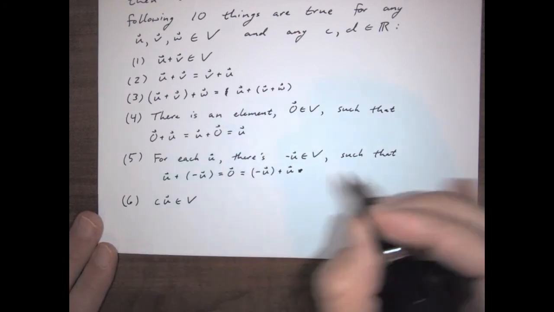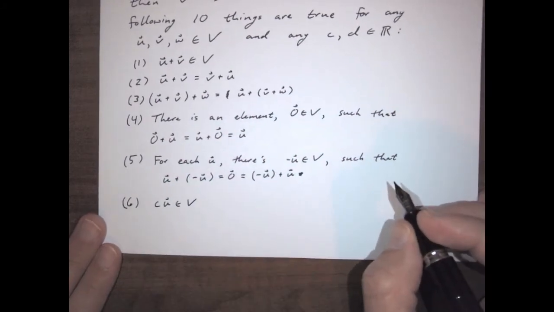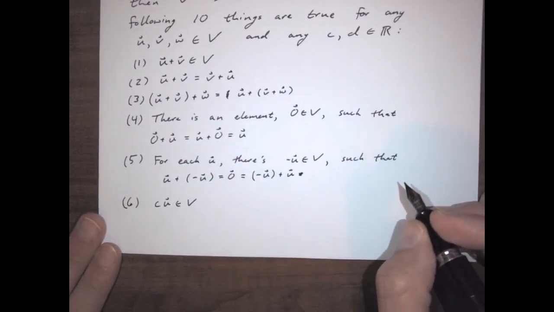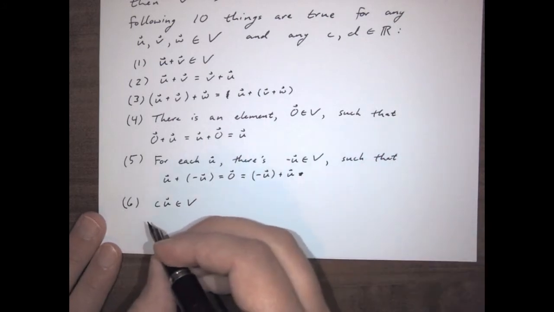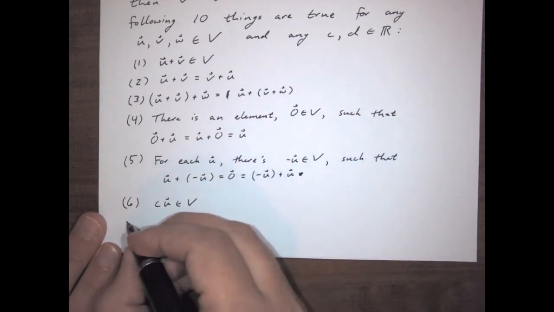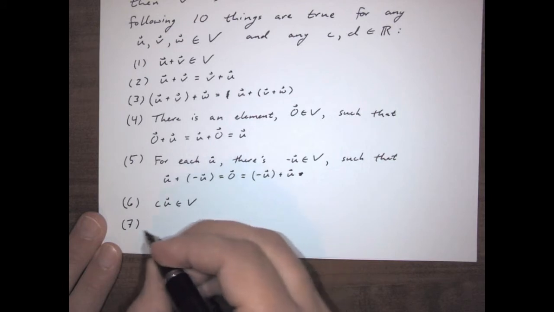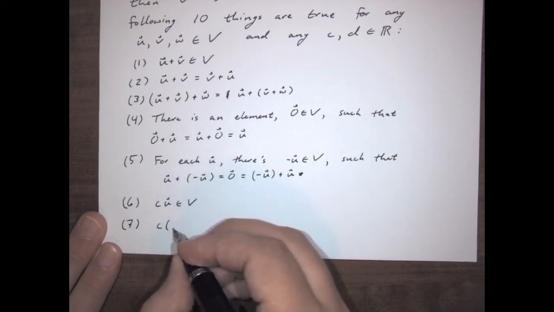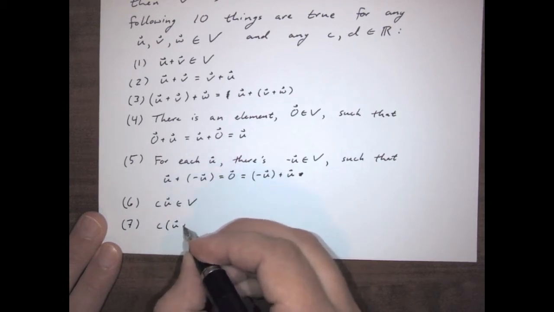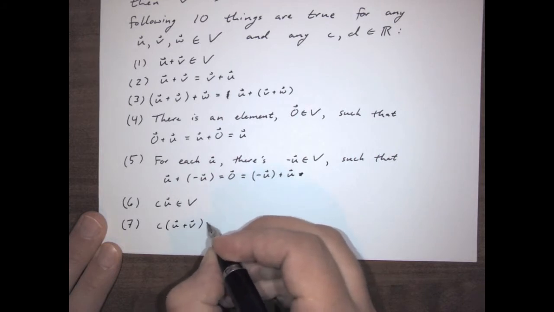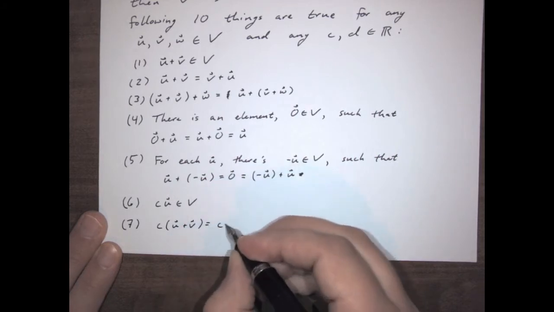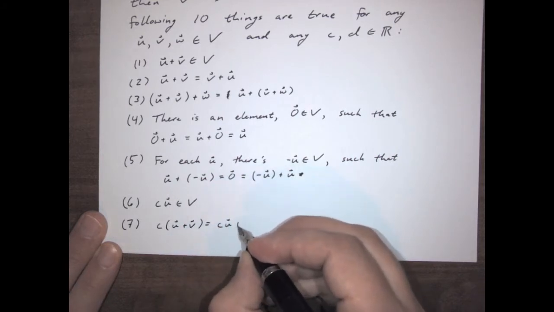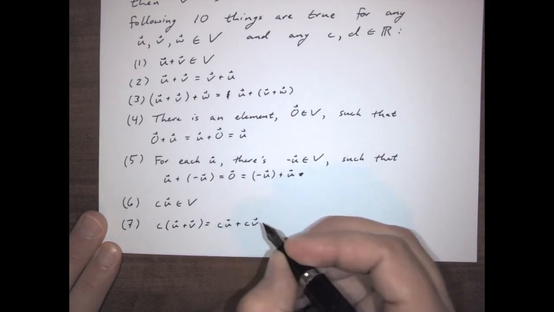And also, this scalar multiplication has to behave properly. It has to distribute, for one thing, over addition. So if I do c times (u plus v), that has to be the same thing as cu plus cv.